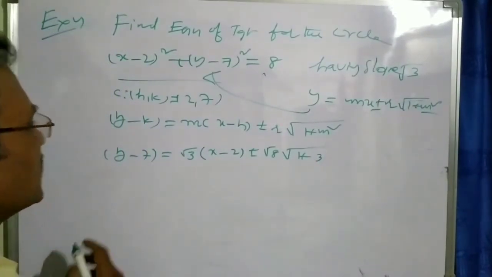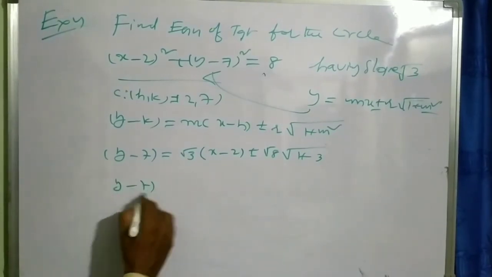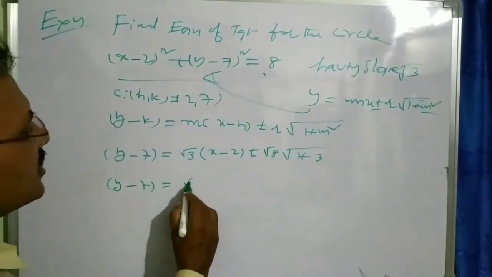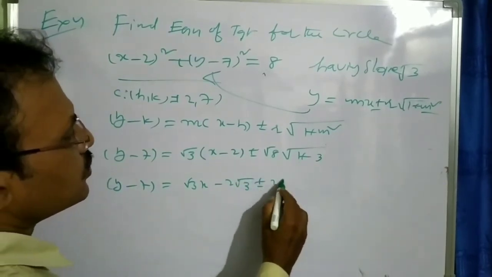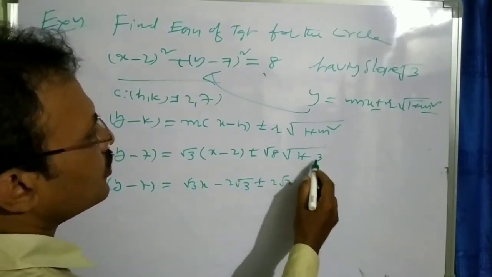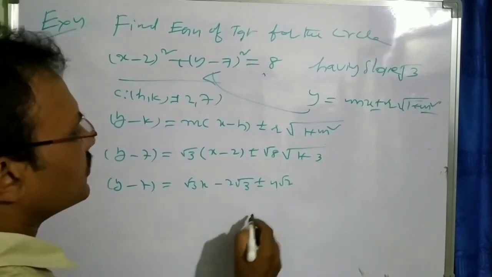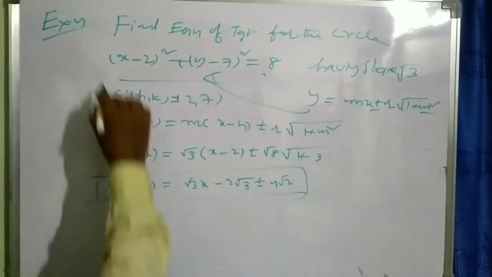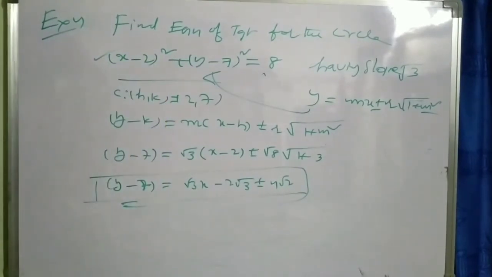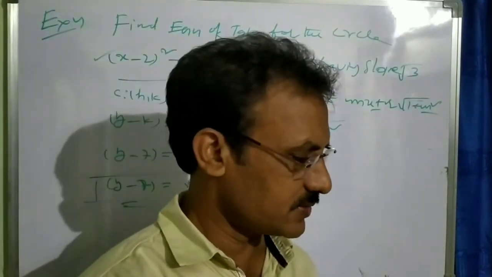That is y minus 7 is equal to root 3x minus 2 root 3 plus or minus 2 root 2 into root 4, that is 2 into 2 is 4. So this is the equation of the tangent for this given general circle. Okay, that is the main difference.